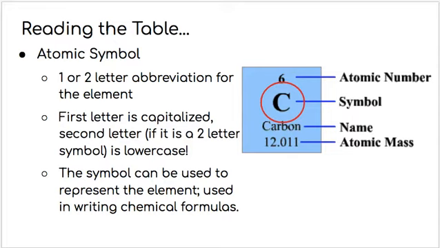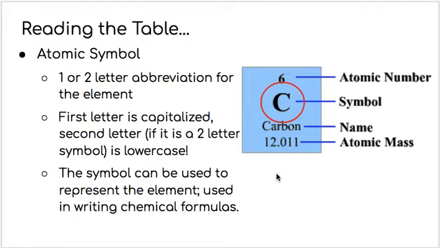The next piece of information that's included in an element square on the periodic table is its atomic symbol. The atomic symbol is usually found right in the center, and it is often one of the largest pieces within the square. The atomic symbol is a 1 or 2-letter abbreviation for the element. The first letter is always capitalized.